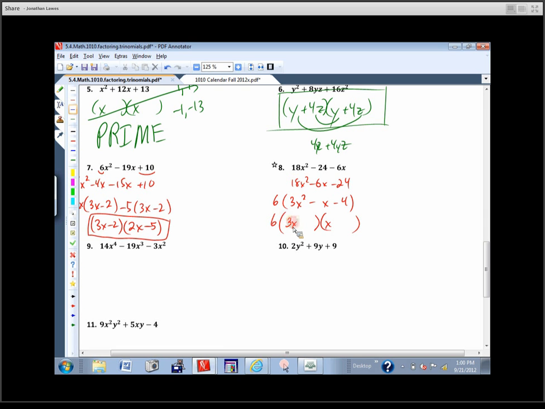We've got a 3x and an x. These numbers here have to multiply to be 4 and somehow combine to be negative 1. So what would be the most logical choice to make a 4? What would we typically choose? Probably 2 and 2. But if you put a 2 here and a 2 here, and one of them has to be negative, you've got to choose where it goes.